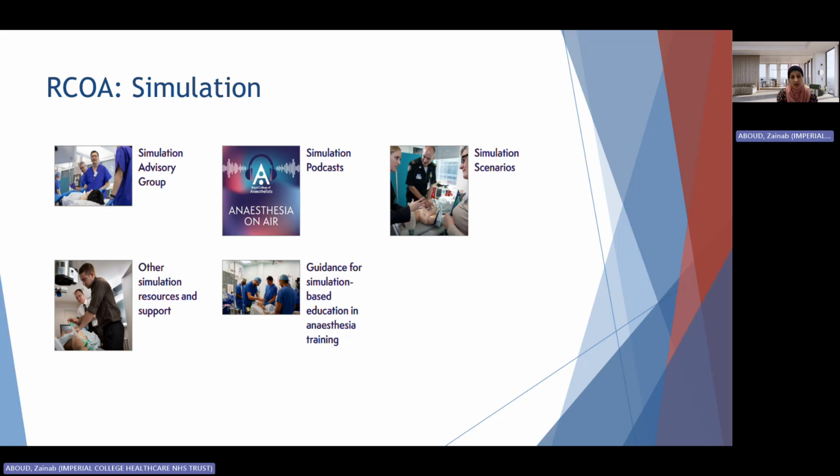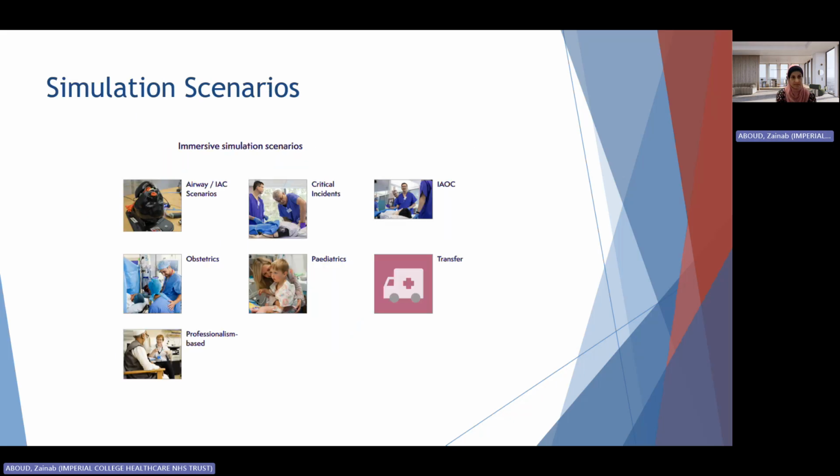They have simulation scenarios, which I'm going to show you in the next slide. They also have other simulation resources and support, similar to the AAGBI's that I mentioned previously. And then specifically for trainees, they have produced guidance for simulation-based education in training, mapped according to the anaesthetic curriculum, which we're going to look at in the next slides.